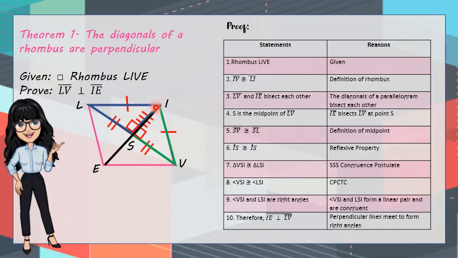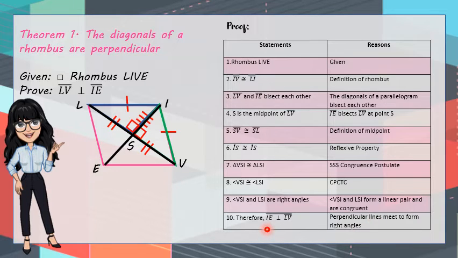Then, we have here two congruent angles. So if you divide 180 by 2, then we will have 90 degrees for each angle. So, angle LSI will be 90 degrees. Angle BSI will be 90 degrees. So, therefore, these two angles are right angles. Because, again, if angles measure 90 degrees, then the angles are right angles.